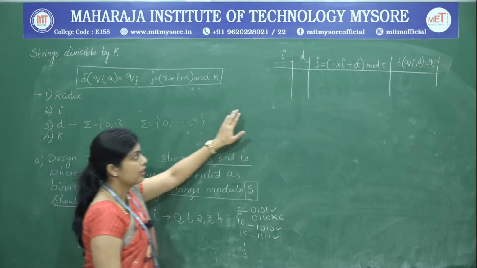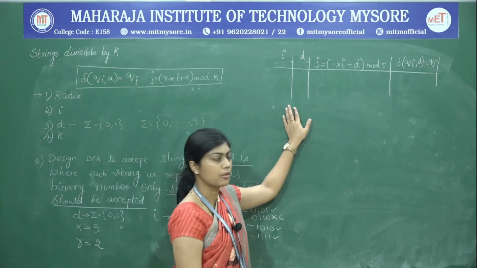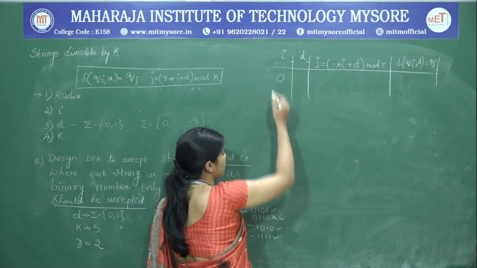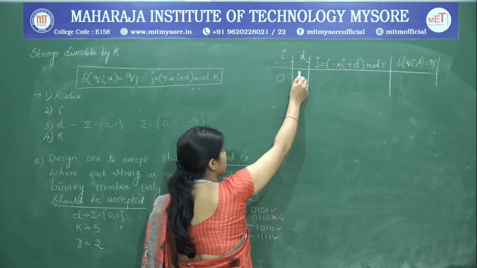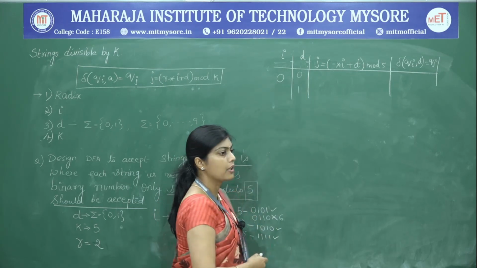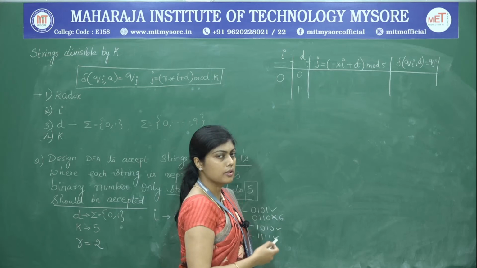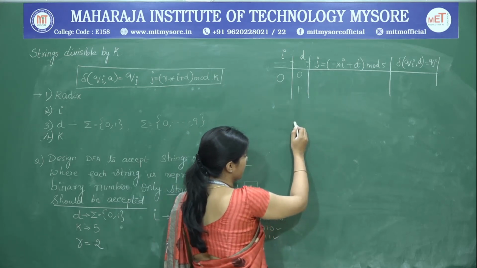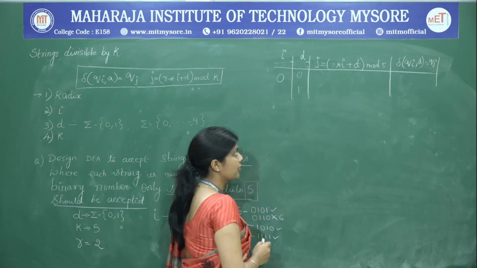So we'll have to draw the table here in order to find out the transitions. So first we'll start with the first value of i, that is 0. d are nothing but the input symbols, and in this case the input symbols are 0 and 1. We have to find out the transitions on both 0 and 1. Next we have to find out the value of j for each one of them and find out the transitions.